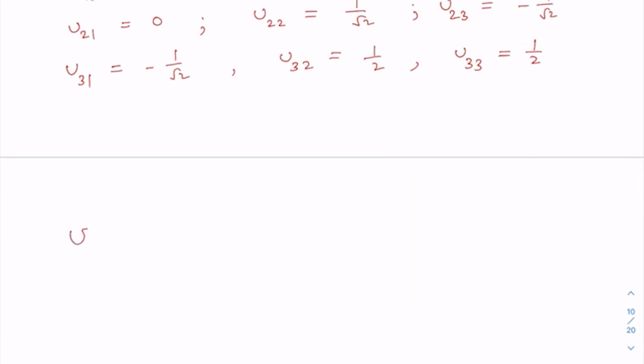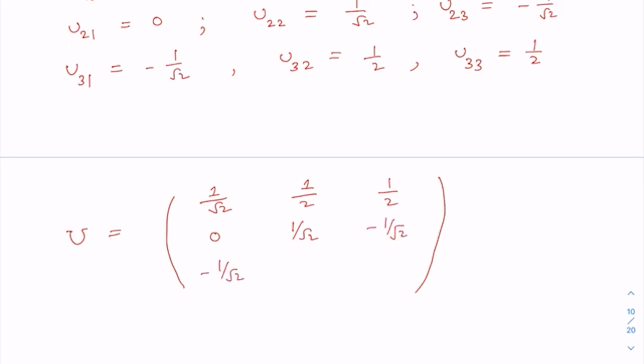So therefore this matrix you can write as 1 by root 2, half, half. You just have to write down all the elements. You will get here 0, 1 by root 2, minus 1 by root 2, minus 1 by root 2, half, half. So that is the matrix of transformation.